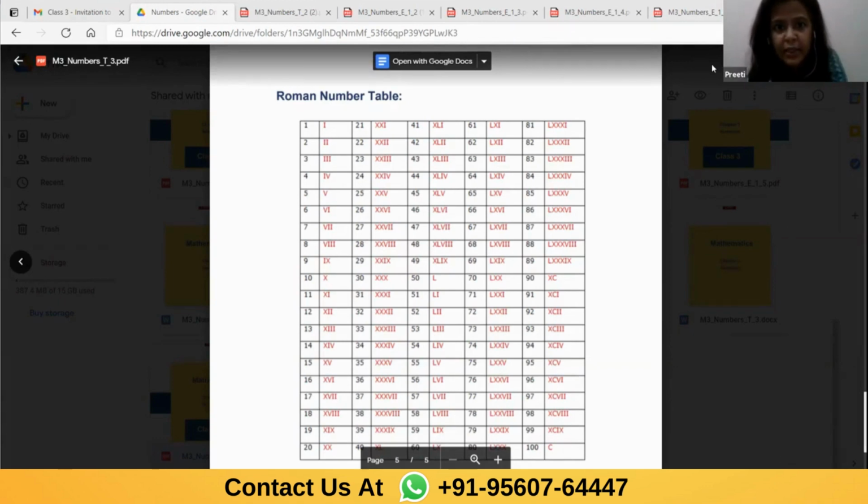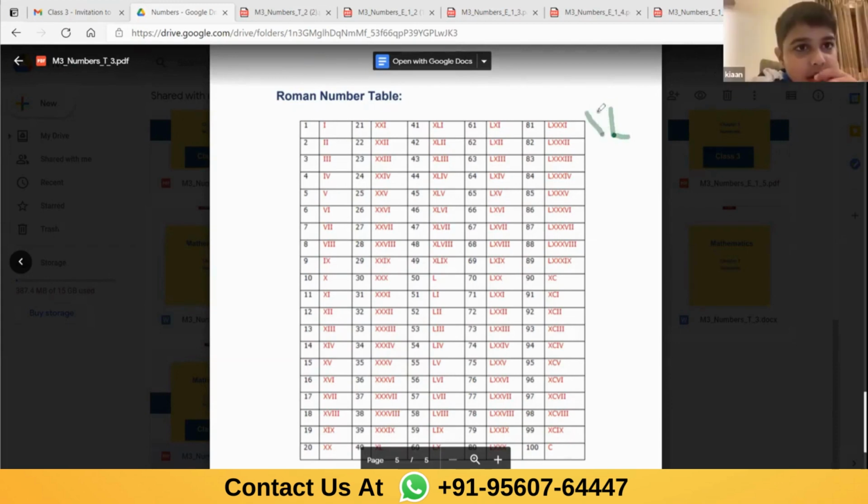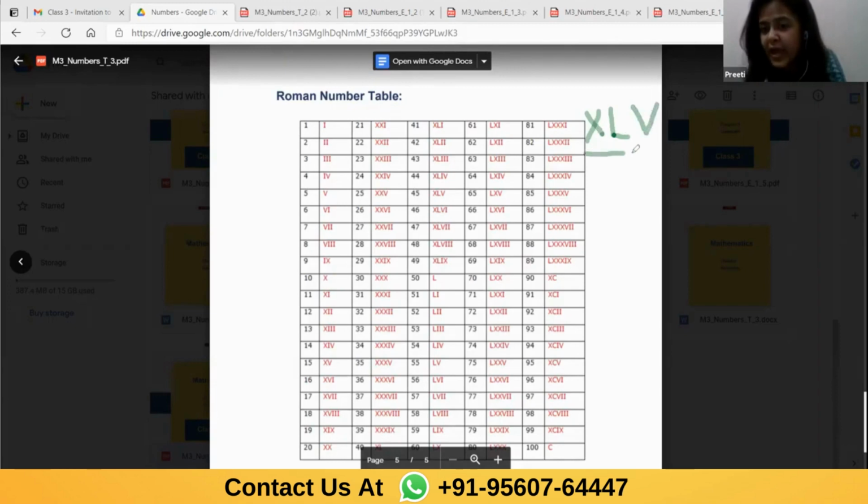Wait. First tell me how to write 40. I use L for 50. If I subtract 10 from 50, will I get 40? Yes. And if I write V now after XL, see, XL is the symbol for 40 and V is the symbol for 5. So this is how we make 45.